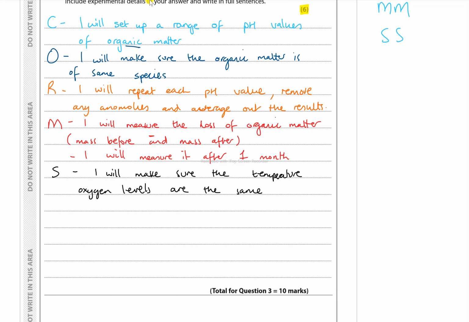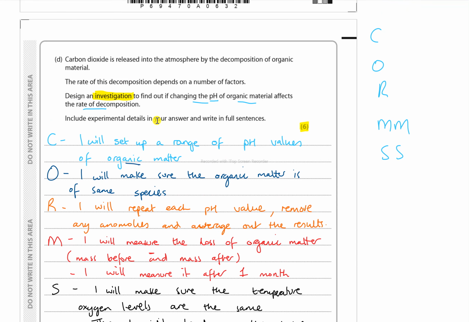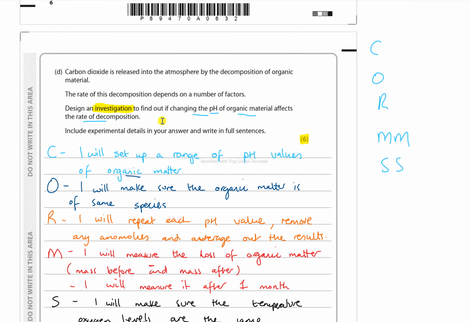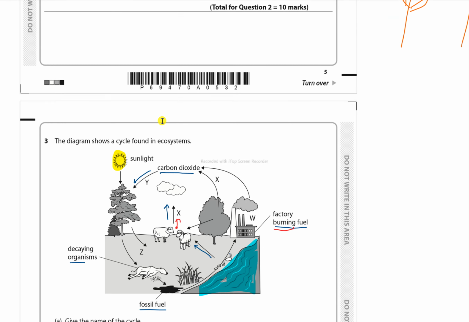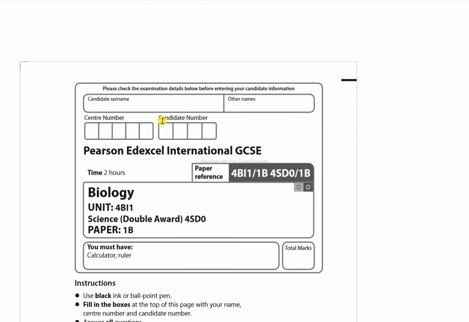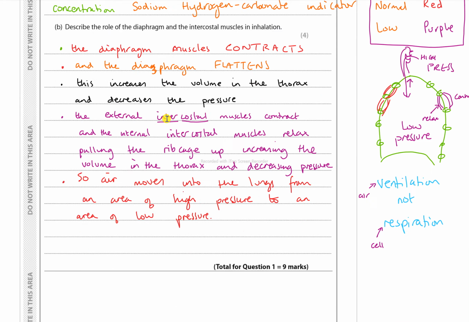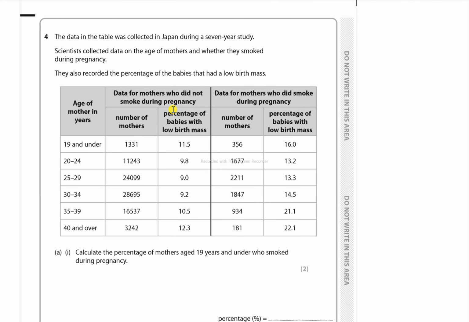I will also make sure the humidity levels are the same. Humidity, all this affects the rate of decay. The same. That's it. So that is a CORMS question. That's interesting, they put it in as a question 3 in paper 1. Okay, that's nice, interesting one.